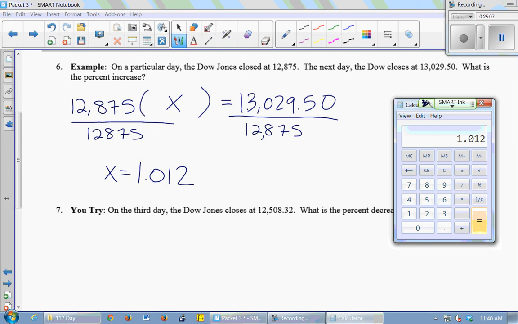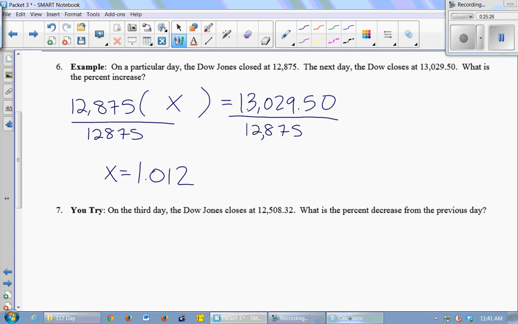So is that my answer? Is that my percent increase, 1.012%? What does that number represent? The percentage plus 100%, right? The 1 represents 100%, and this is the decimal, right? So if I move the decimal 2 to the right, this represents 101.2%, which is how much more than 100%? 1.2%, which is a 1.2% increase.